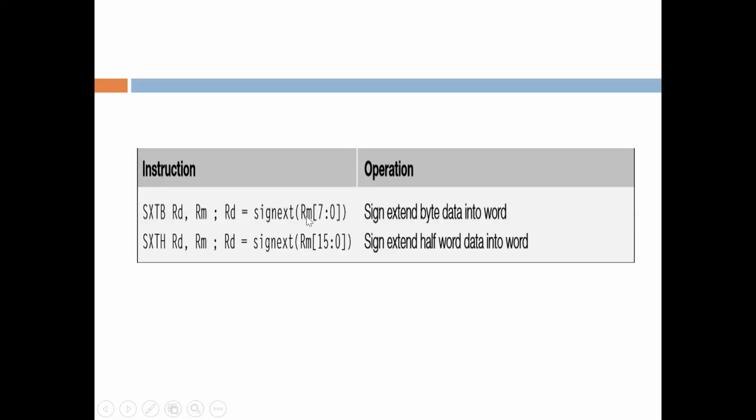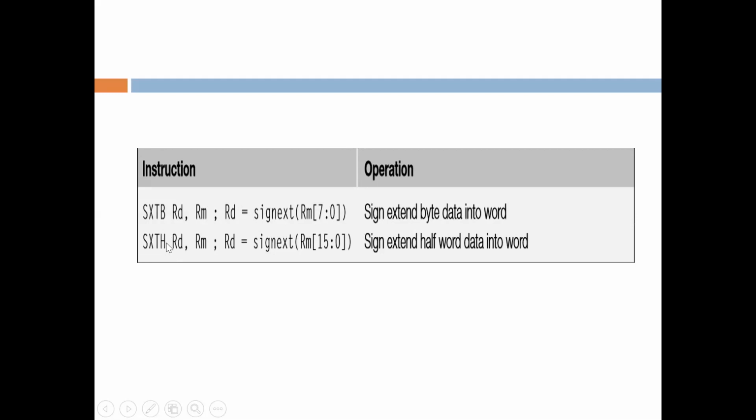So that means it will extend the sign bit which is present at the 7th bit. 7th bit means it is the most significant bit of a least significant byte, and the result will be stored in register Rd.